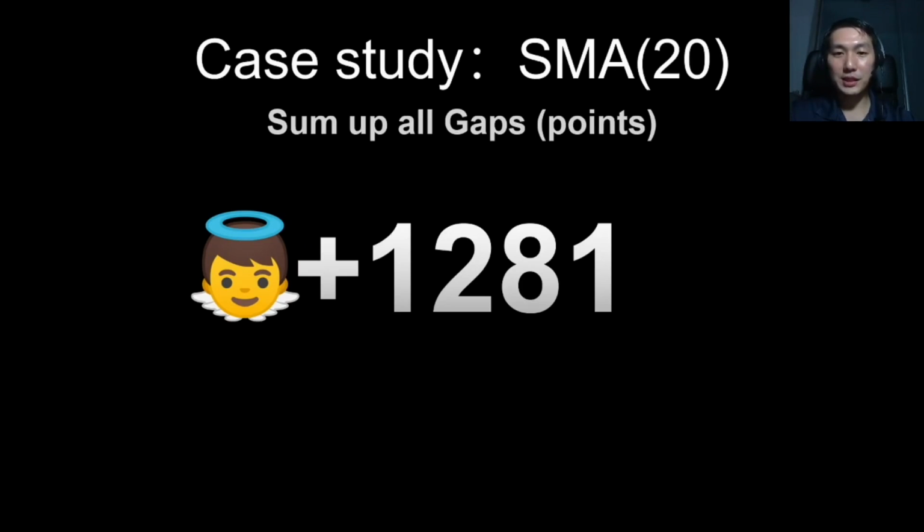So in other words, although earlier we saw that only 48% of the time we have a positive gap, if we look at it in detail in terms of how many points we actually make by adding up all of the performance for the positive and negative gaps, we make a net return of 1,281 points in the FCPO market.